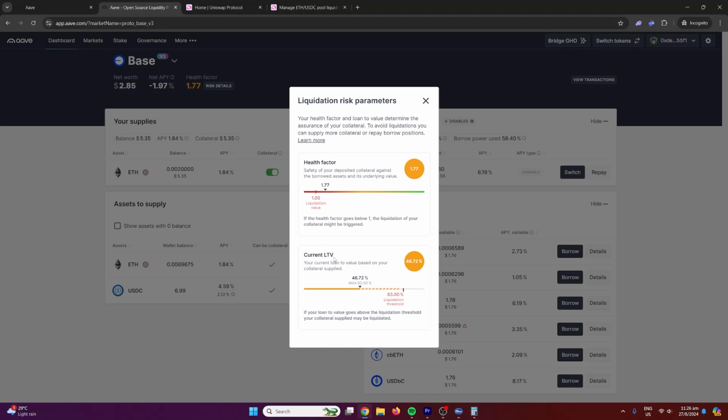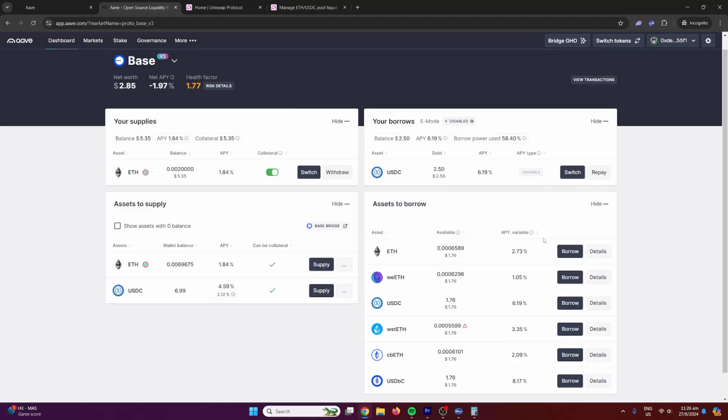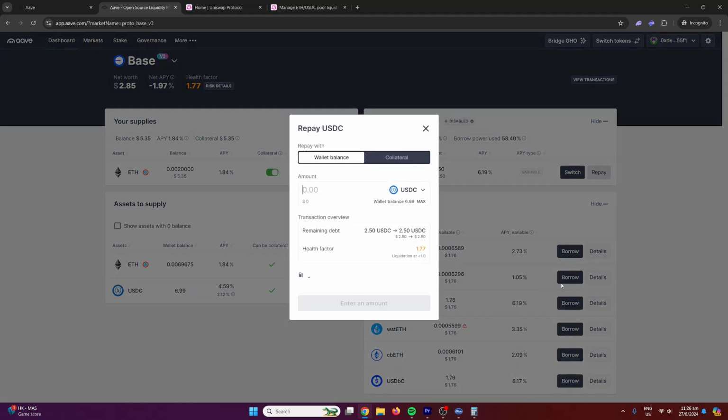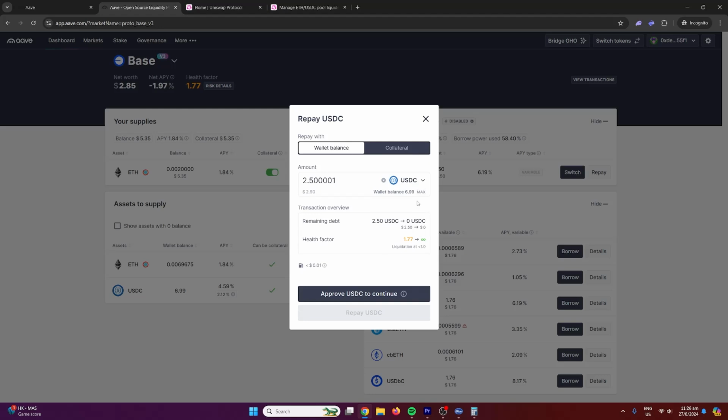So this LTV is very important. If you flip it around, it's also the health factor, and these are the two terms that you should familiarize yourself with. Let's say you want to close out a position, you can always do a repay. Let me just show you guys how you can repay.